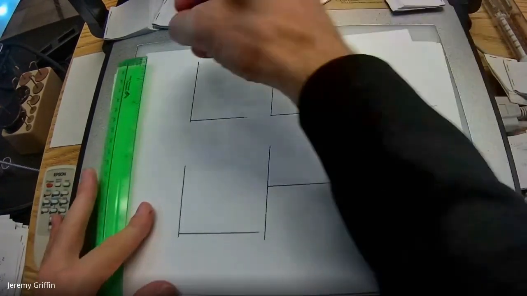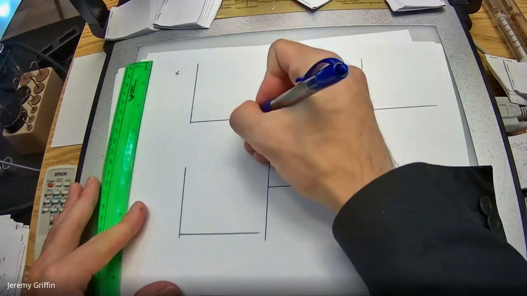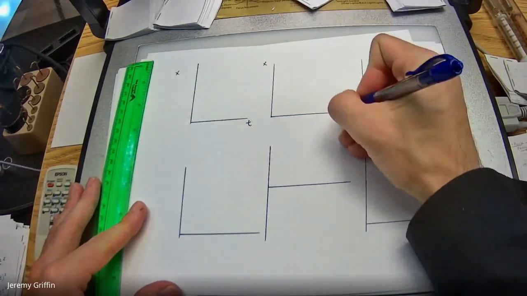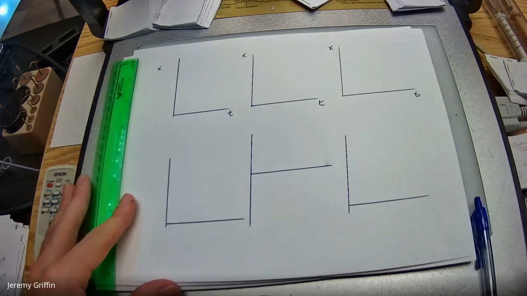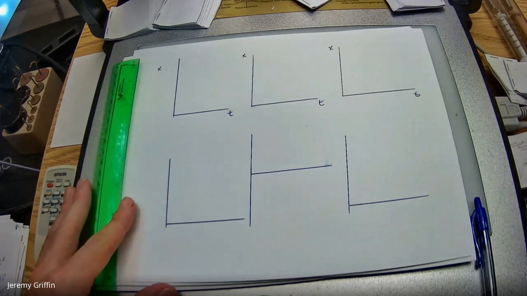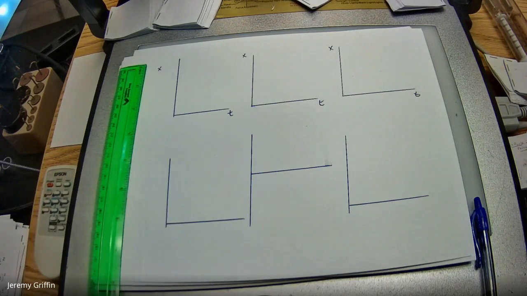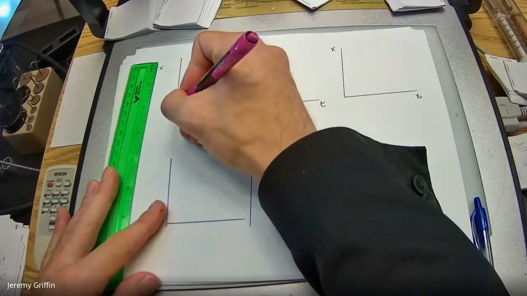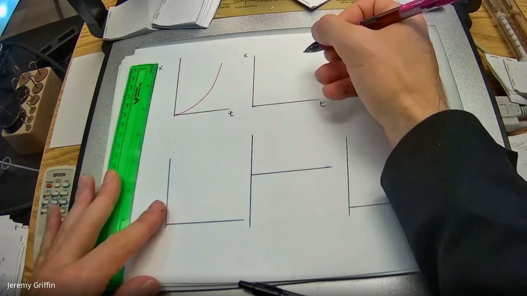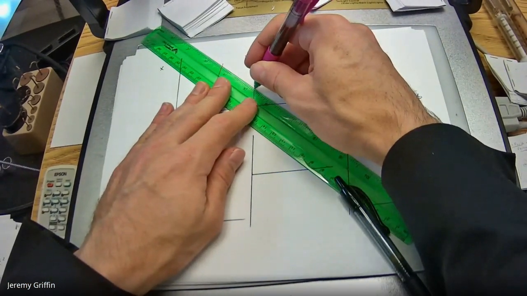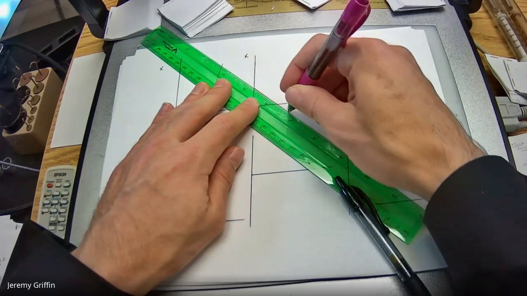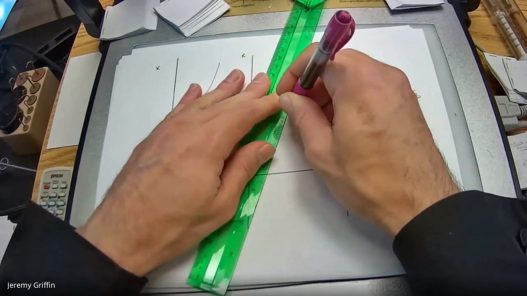So this is displacement versus time for all of these, x versus t. And then I'm going to make up some curves that look very similar to those. Let's say you had a parabola shape. Say you had some shape that looked like this.